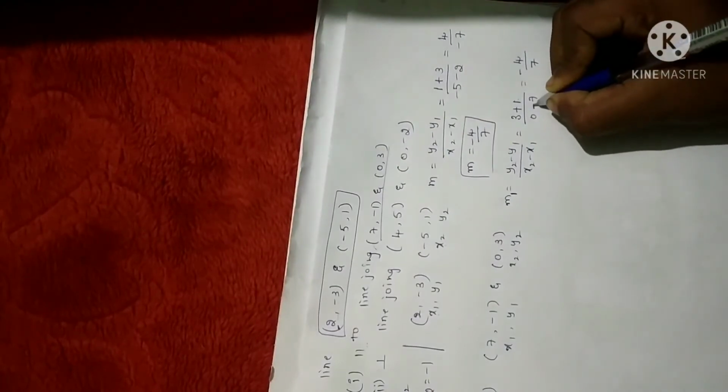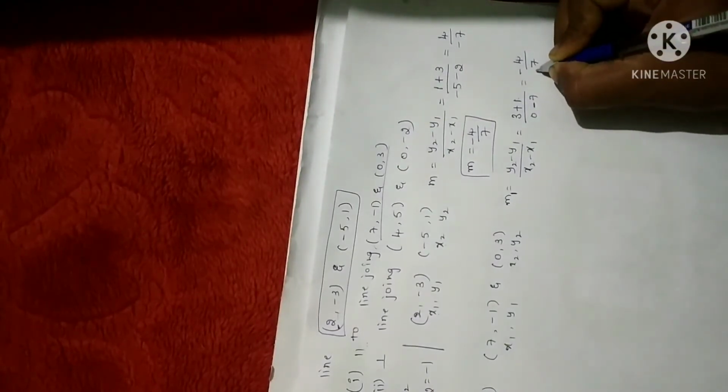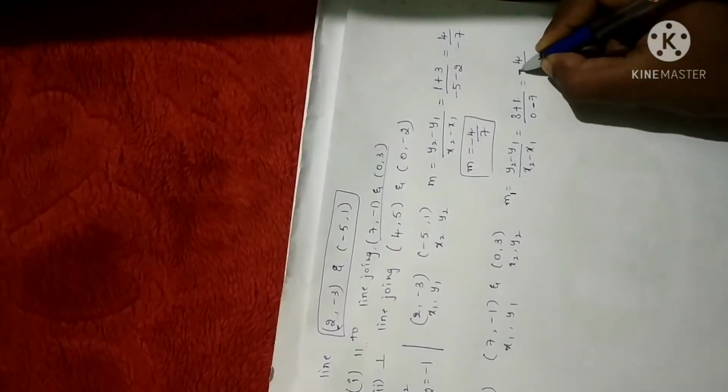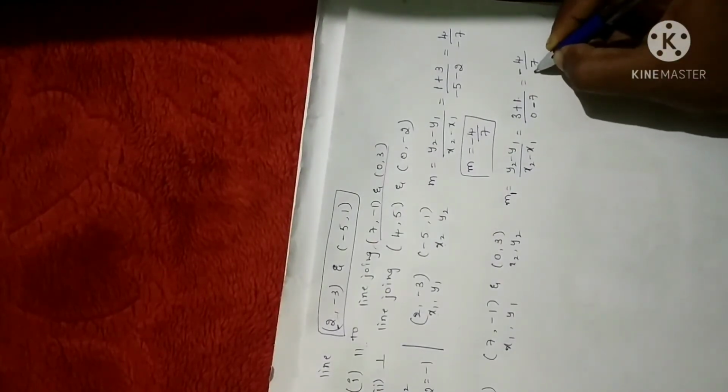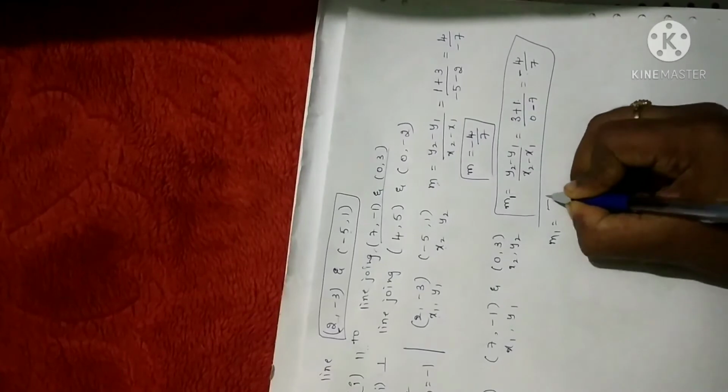So remember, when you have a negative sign in the denominator, that will be applicable for the numerator as well. Either you can write it in the numerator or you can write it in the denominator, one and the same. Now have a look at the slope value, that is for the original line. What you have got is minus 4 by 7. For the first sub question line, you have obtained m1 as minus 4 by 7.